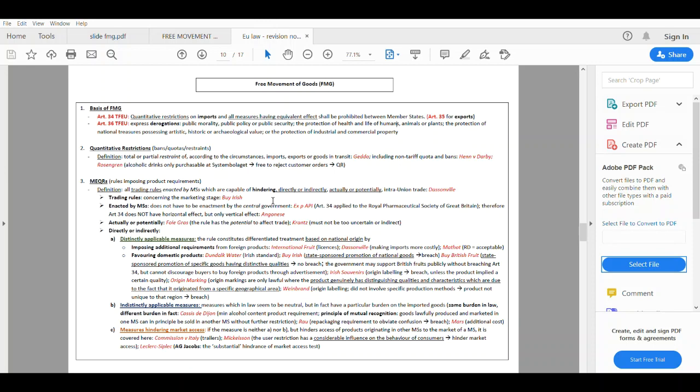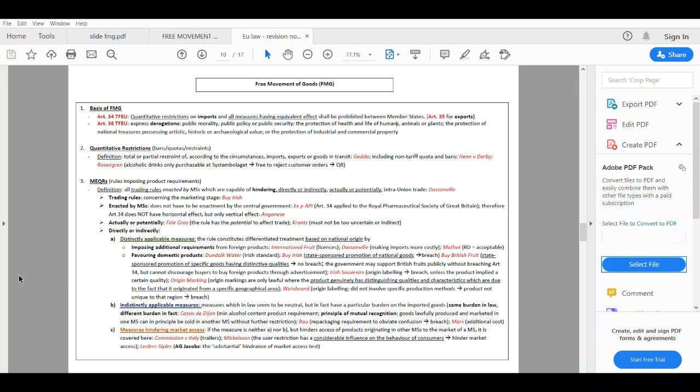Now we'll consider the definition of MEQR. MEQR was defined in the case of Dassonville as all trading rules which are capable of hindering directly or indirectly, actually or potentially, intra-community trade. This is sometimes known as the Dassonville formula. In that case, the Belgian law required a certificate of origin for all imports of a range of goods, including Scotch whisky.